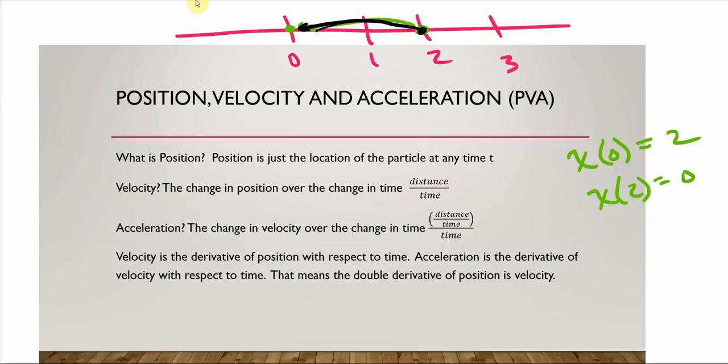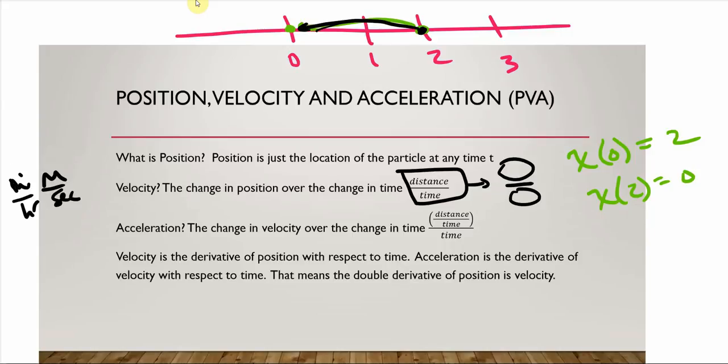What I want to stress is that velocity is always going to be some unit of distance over a unit of time. For example, your velocity might be meters per second or miles per hour, but it's always distance over time.